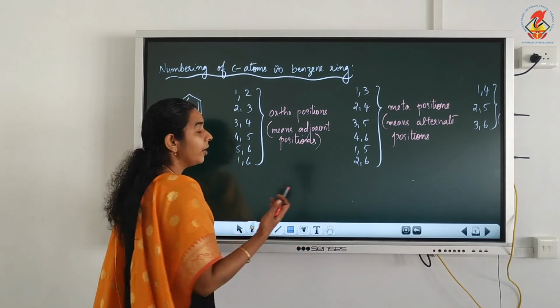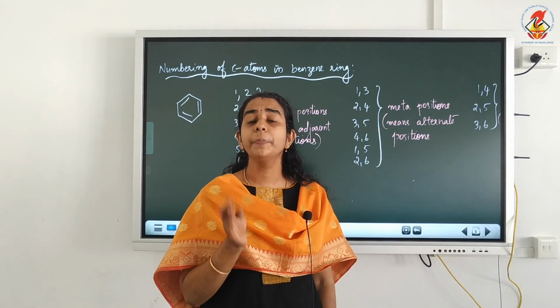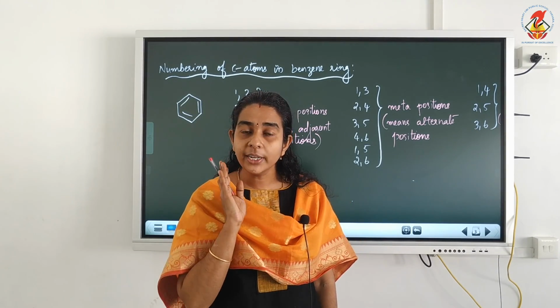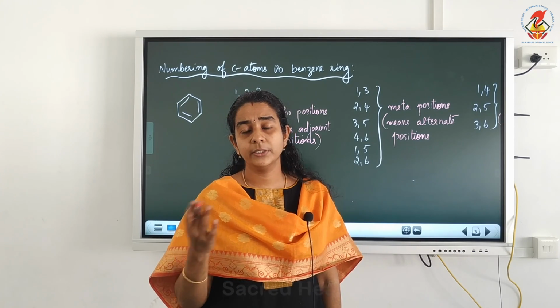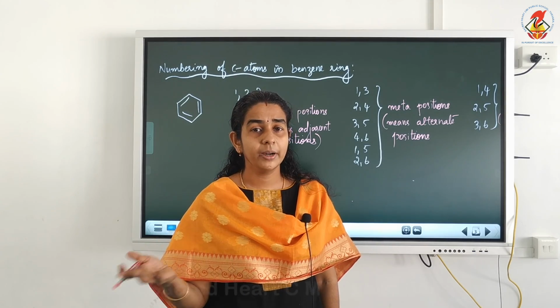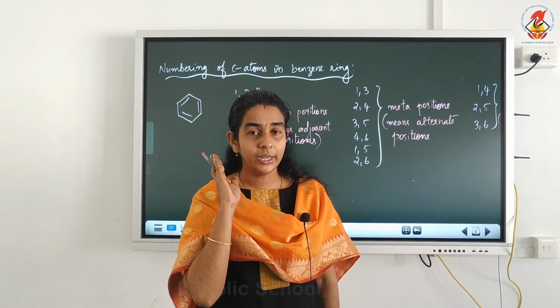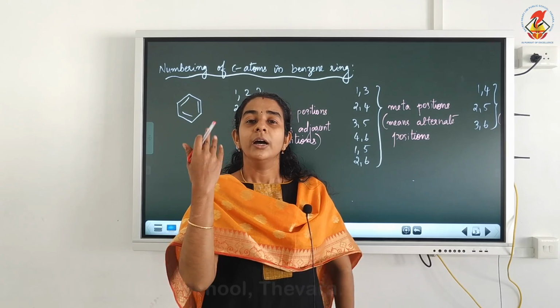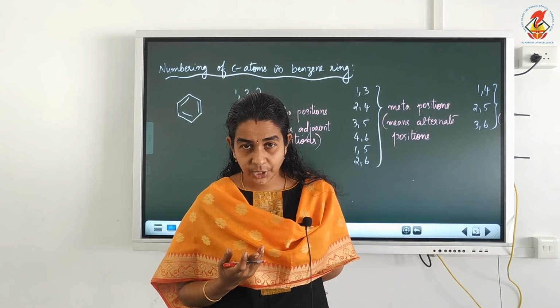naming. Now we know that when we do the naming of a ring system in IUPAC, we are using only numbers, isn't it? We cannot use alpha, beta, gamma, normal, iso, neo. So in the IUPAC system, we are using only numbers. Aromatic compounds are compounds containing a benzene ring.